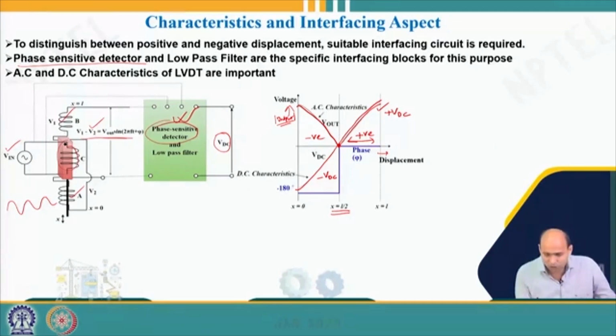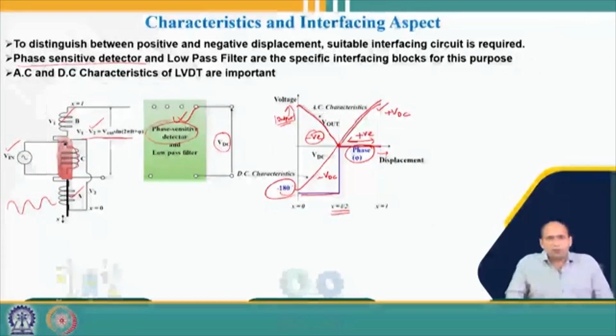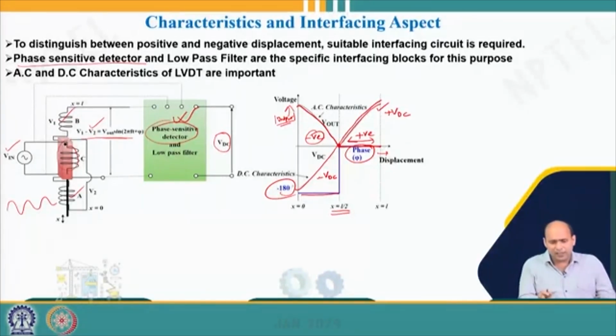Obviously I have to determine the phase, right? Because you can see this is in phase when the displacement is positive, and when the displacement is negative, I am getting a phase difference of minus 180 degrees. So these things I can achieve only through this phase sensitive detector, also called the phase sensitive demodulator, and then when I pass it through the low pass filter, I get the final DC output, right?